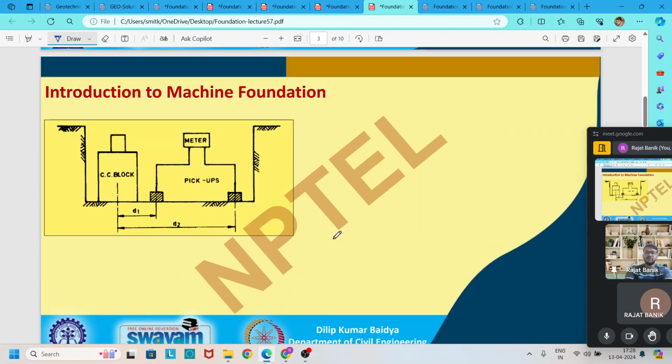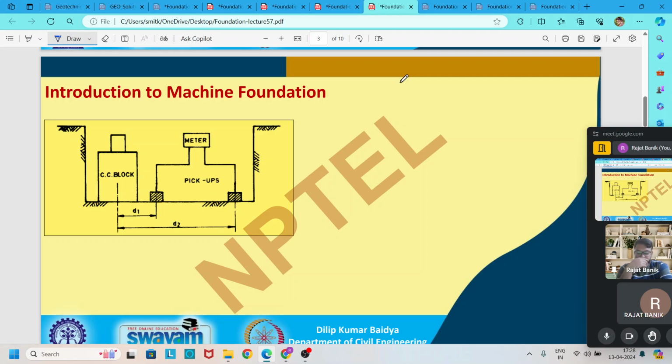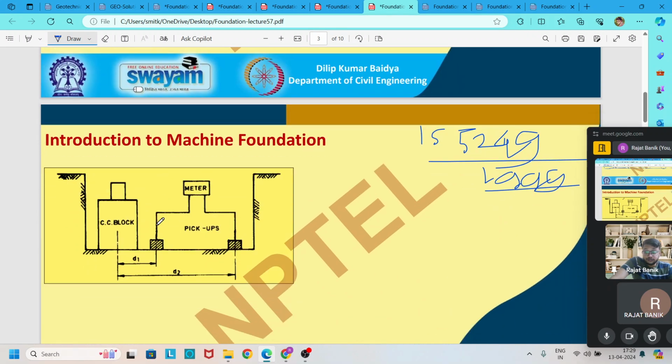Now there is a machine arrangement of the machine foundation. For this we get, and this is found from IS 5249, year 1992.